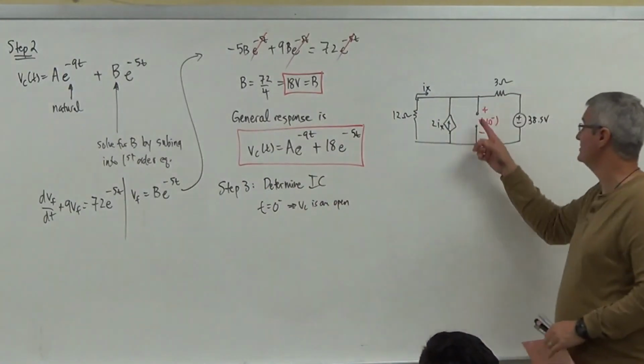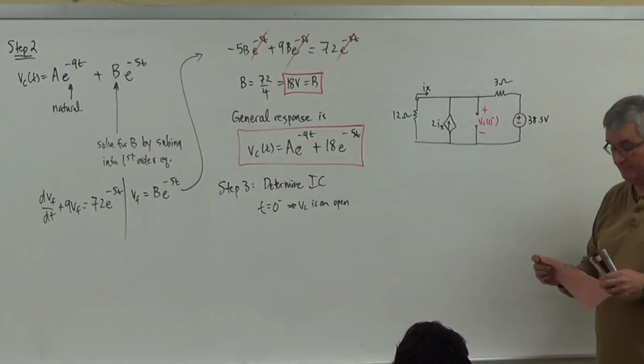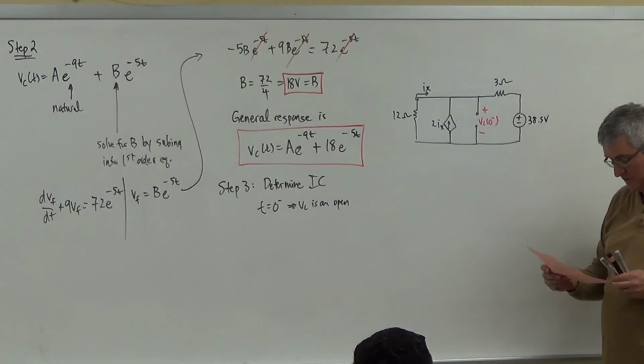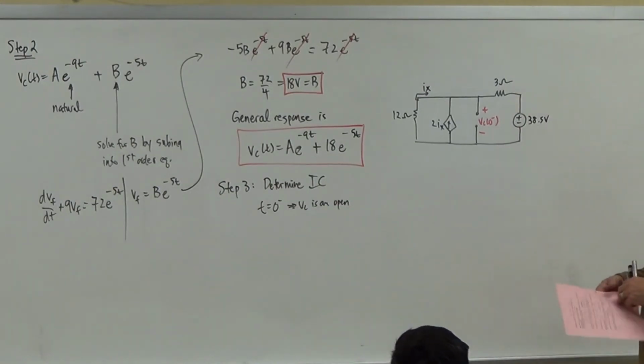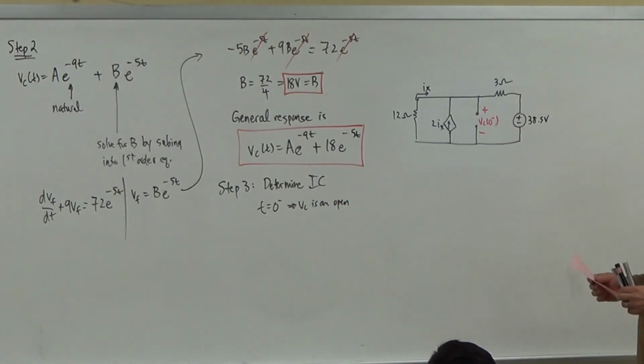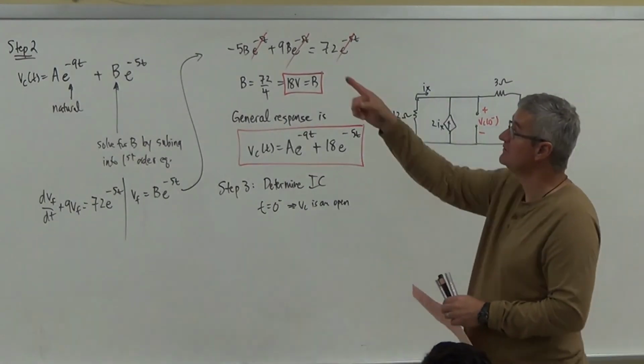So now I just have to solve for the voltage of this guy. There's lots of ways that we can do this here, but what's probably the fastest? You know what? Let's just write it down. We don't have that much time.